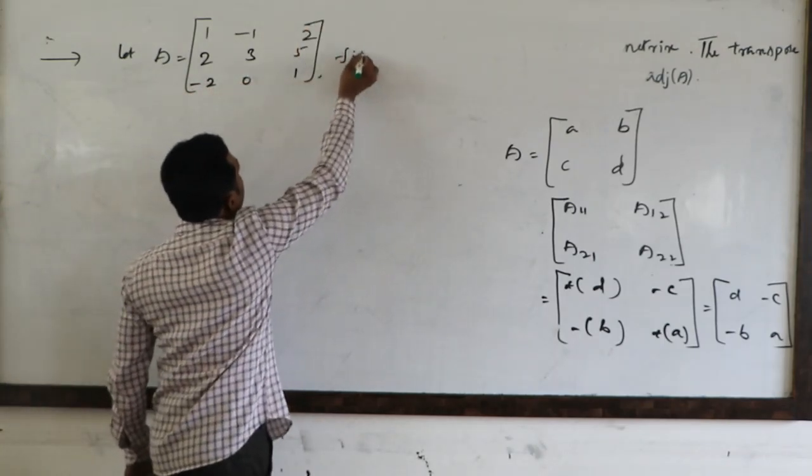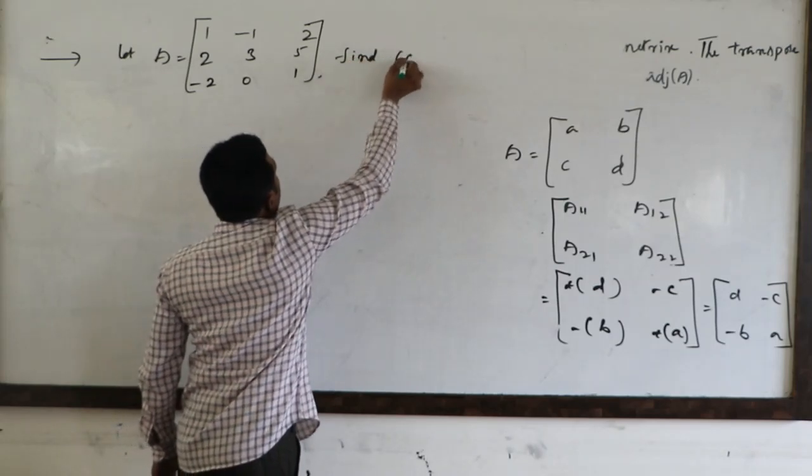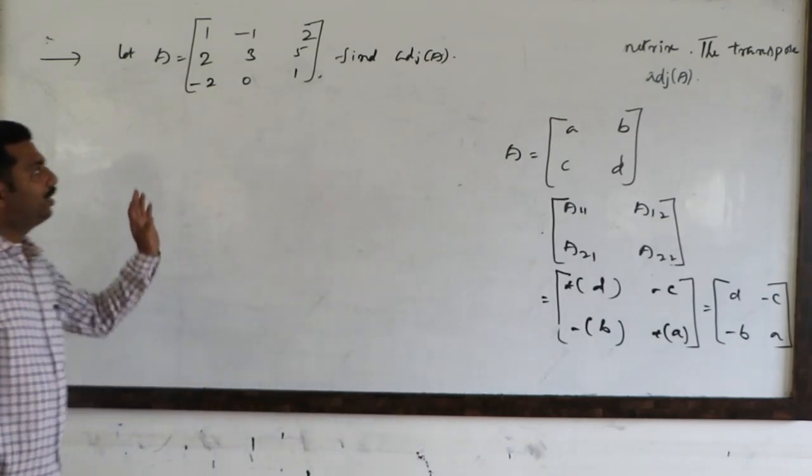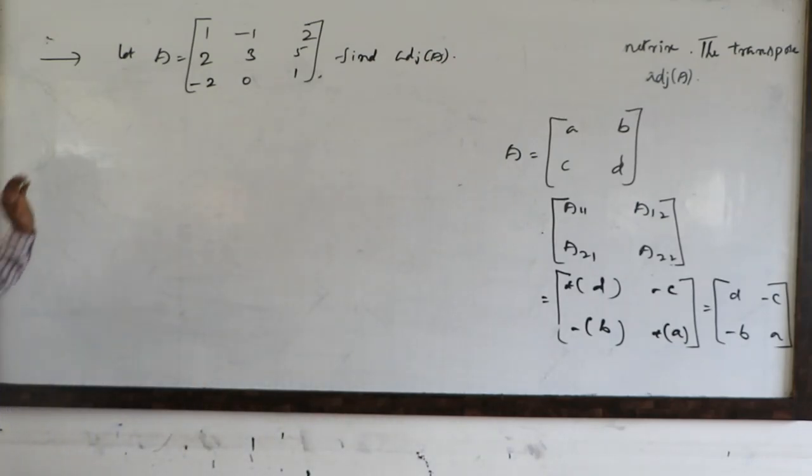Then find the adjoint of the matrix capital A. Adjoint of A we have to calculate.